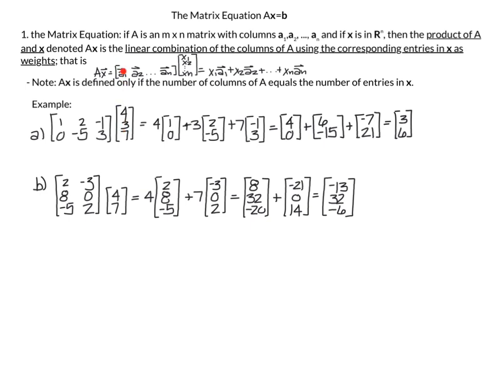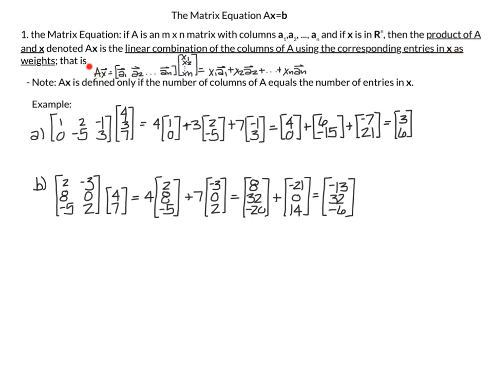And n is the number of columns, so the number of columns equals the number of column vectors, a1, a2, up to an. We have our matrix, and x is in Rn. Then the product of A and x, denoted Ax, is the linear combination of columns of A using the corresponding entries in x as weights.